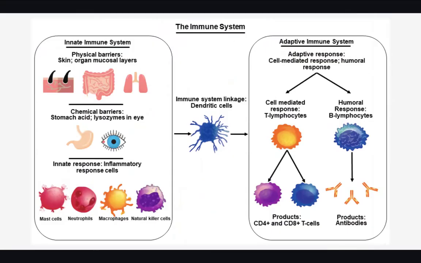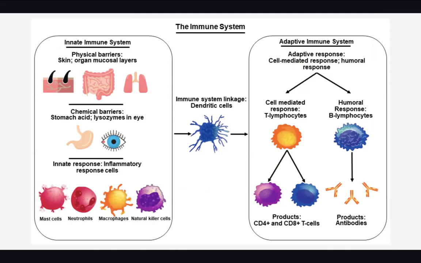Okay, so in our immune system, we have two specific types of responses. You have your innate immune system and then your adaptive response or adaptive immune system. So what is the difference between the two? When we say innate immune system, this would provide physical barriers, like the skin, and also the mucosal covering of the different organs, like the mucus that surrounds our intestines, and the mucus that surrounds our lungs.